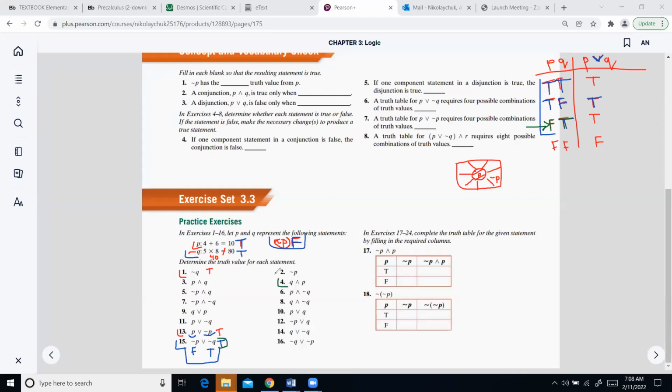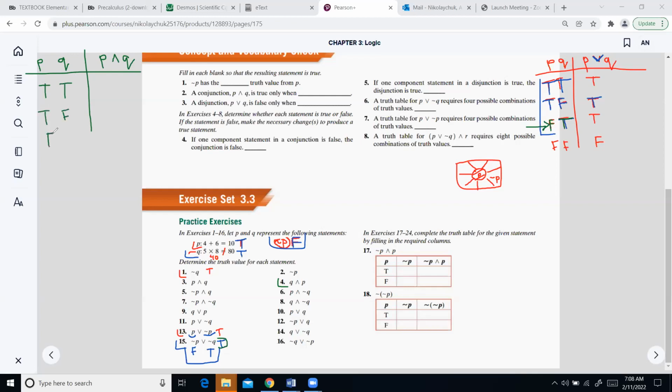Let's say in exercise number 4, actually, let me write this table first for conjunction. So we had P, Q, but the table will be for P and Q. And they go through all 4 possibilities that you can ever encounter.